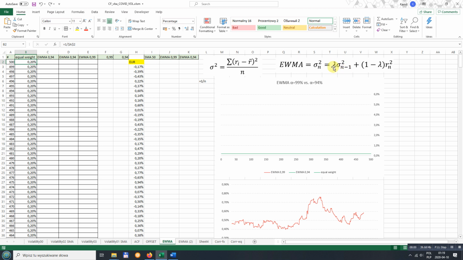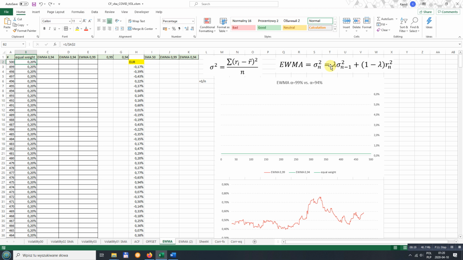So we use the most recent rate of return from a financial market. We use 1 minus lambda as a weight, and then we add the lambda parameter times the previous observation.